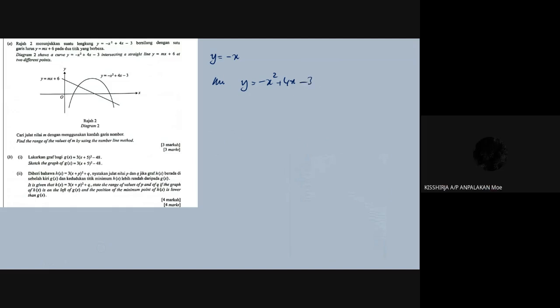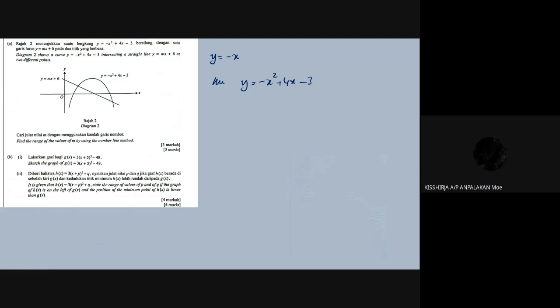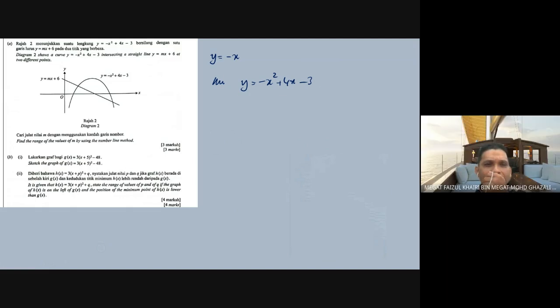Yes. Y equal to negative x squared plus 4x minus 3, am I right? Yes. Okay. It intersects a straight line of y equal to mx plus 6 at two different points, y1 and y2. So find the range of values of m using the number line method.